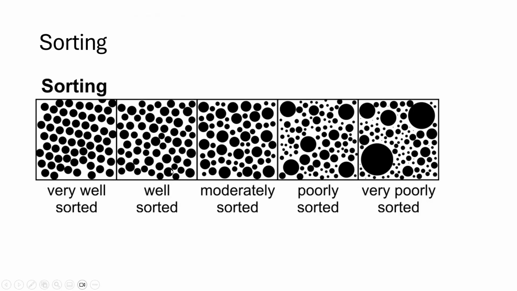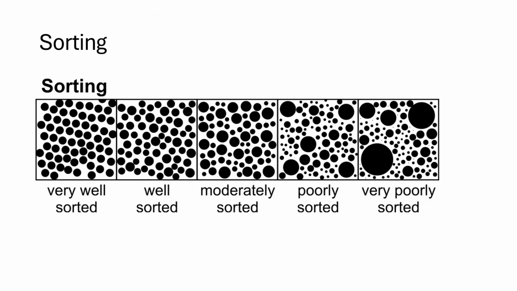Now, this sorting tells us much about where you're depositing, and basically the mode of transportation. For example, if you are having a river, when the river is still having a sufficient amount of energy, it will be able to transport all sorts of sediments.